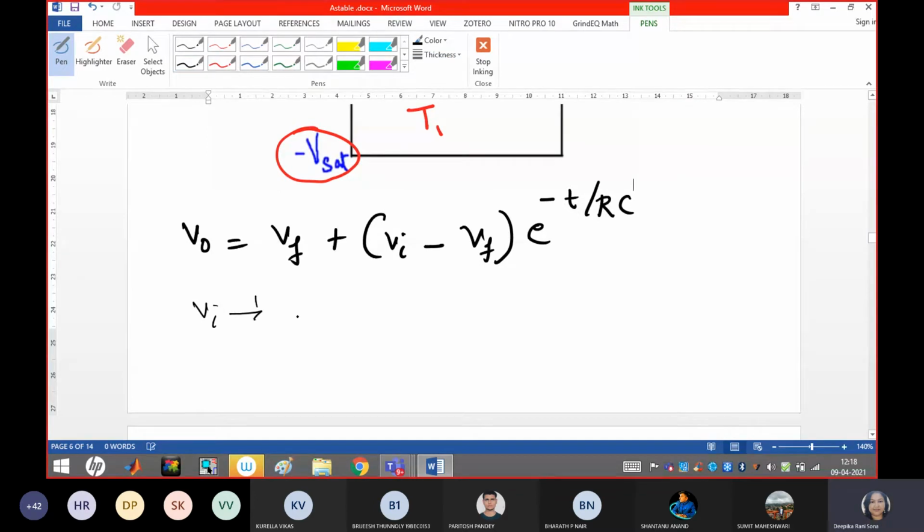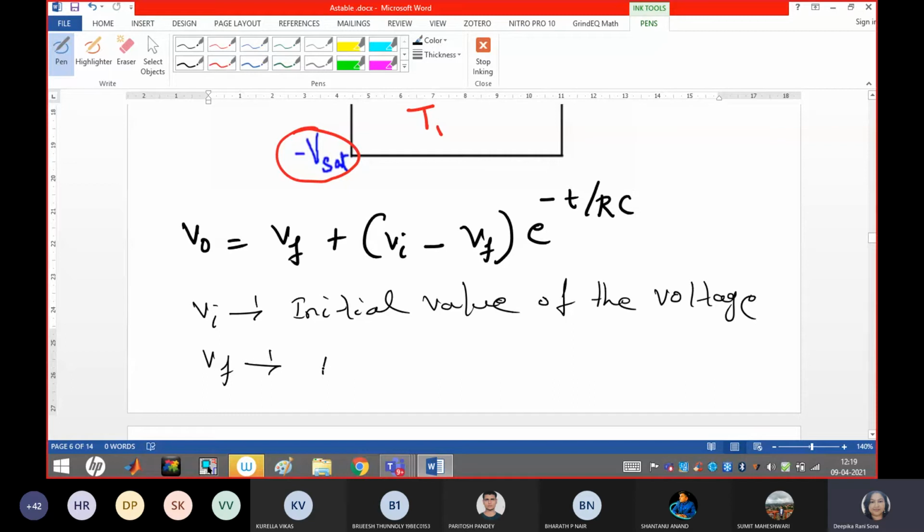Vi is called the initial value of the voltage, then Vf denotes the final value of the voltage.